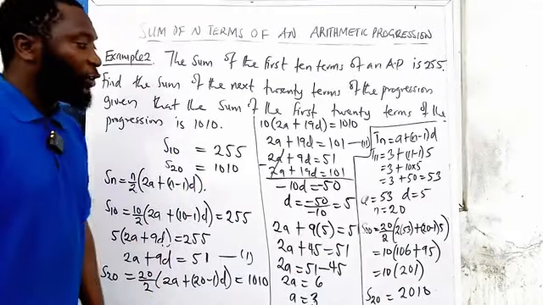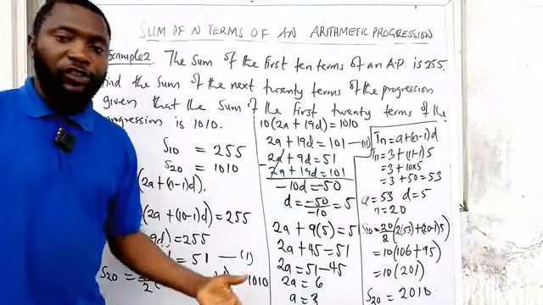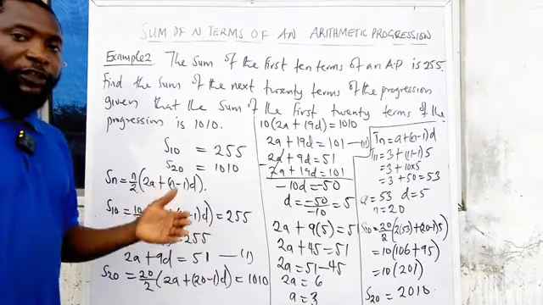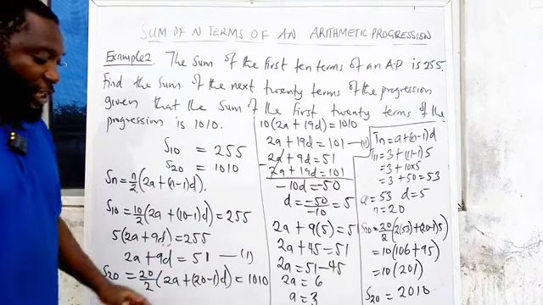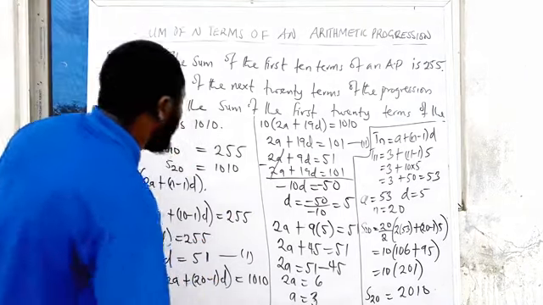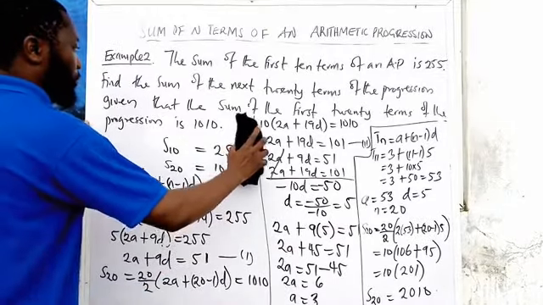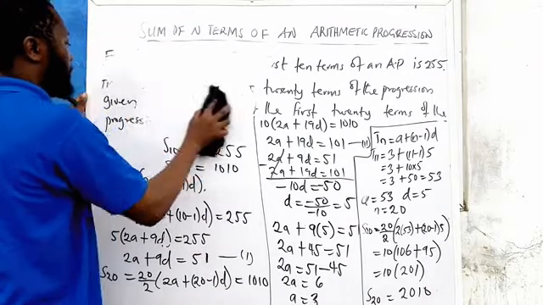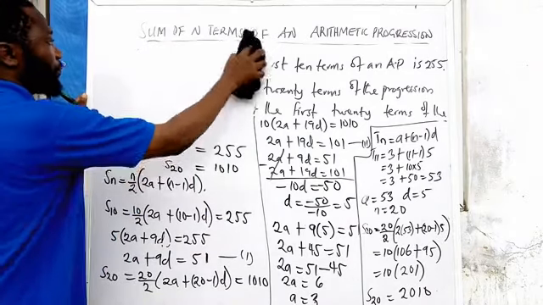Now, an alternative method: you find the sum of the first 30 terms minus the sum of the first 10 terms. Let's check if the result will be the same. So let me remove the equation.